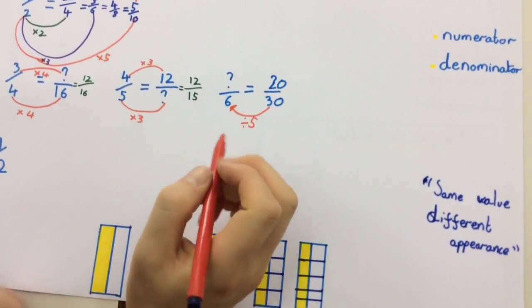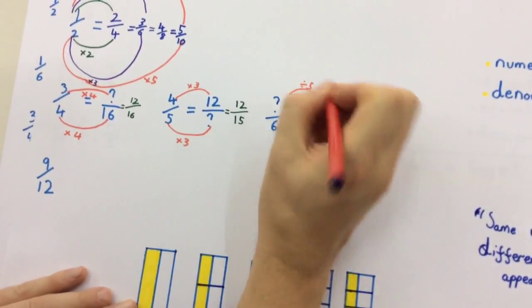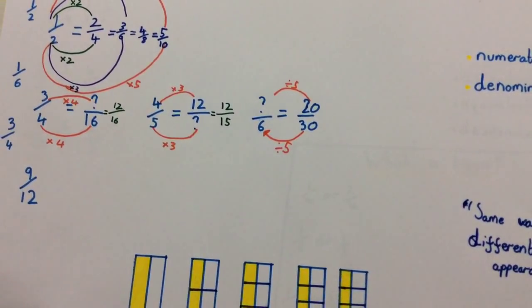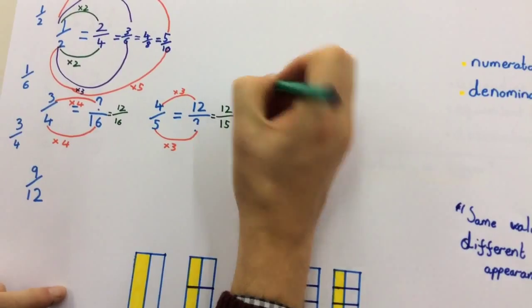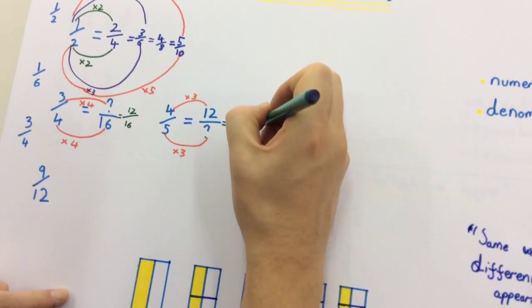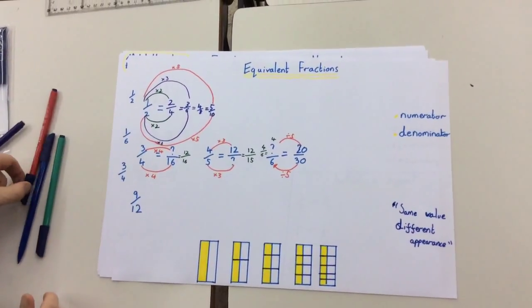Because 6 times 5 is 30. So I have to divide this by 5. Which means, what do I times by 5 to get 20? The answer is, of course, 4. So this one equals 4/6.